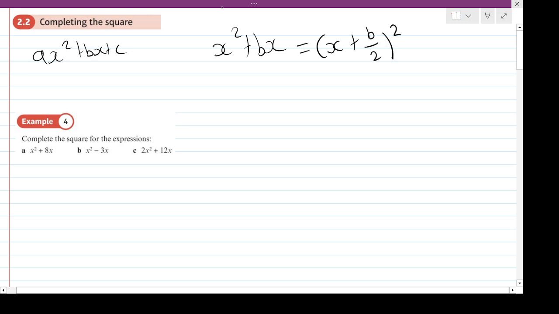So what we've done here is we've got our x, and then we halve the b, the coefficient of x, right? We halved b, and then we subtract that number squared. So b over 2 squared. Okay. And that's generally the form.